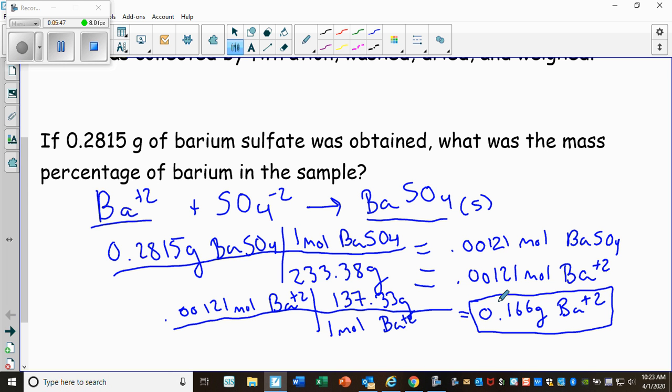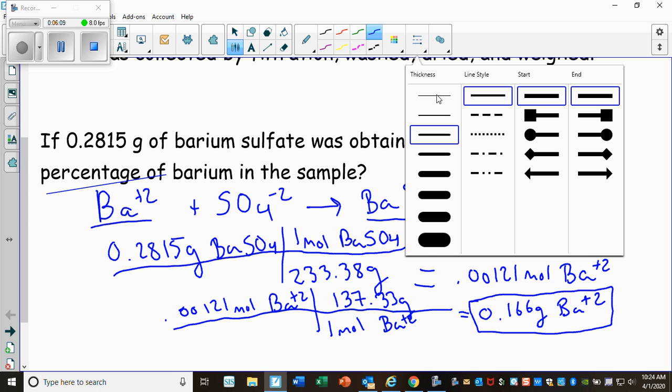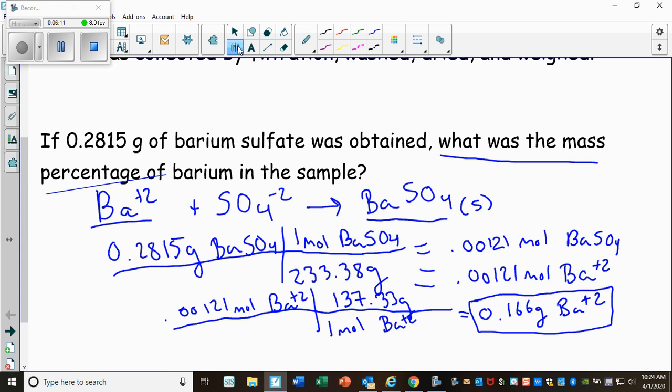We're not totally done with, like, 95%. The end question, the actual thing we're trying to figure out here is what is the mass percentage of the barium in the sample? So we want to look at the mass of barium that we know is present there and what the original sample was.